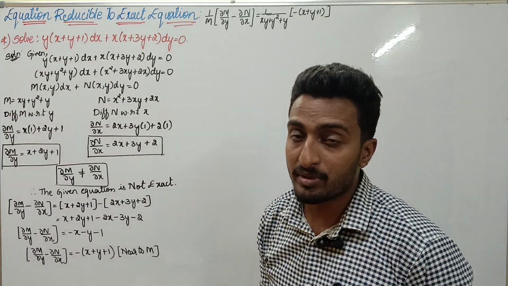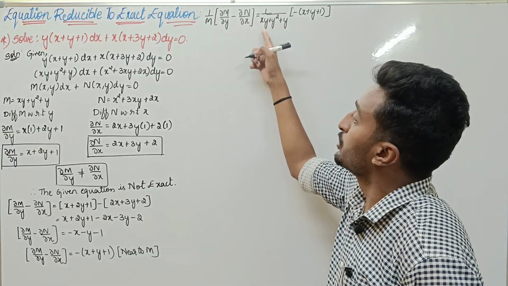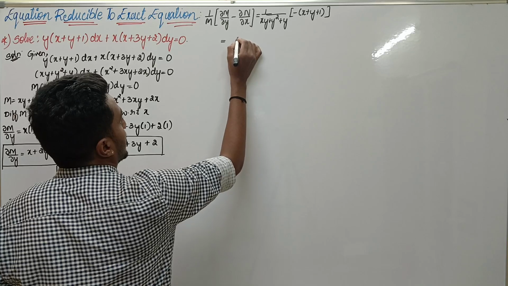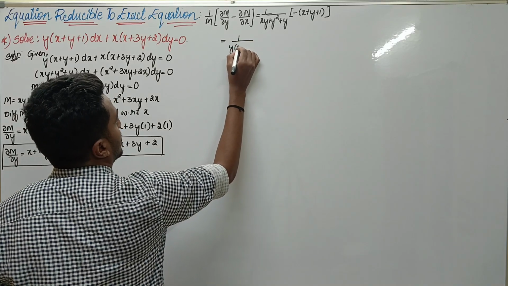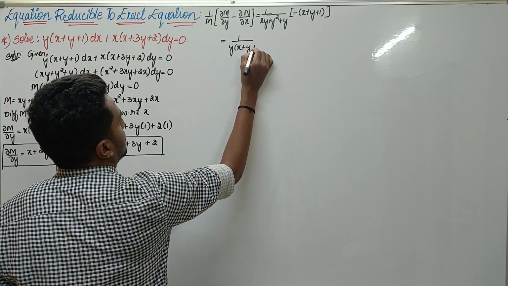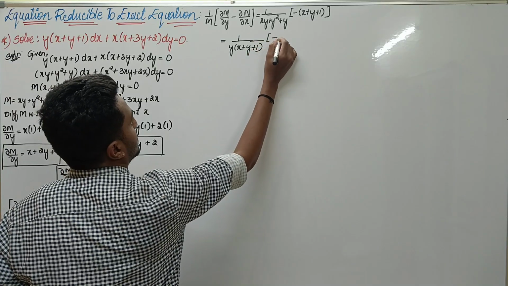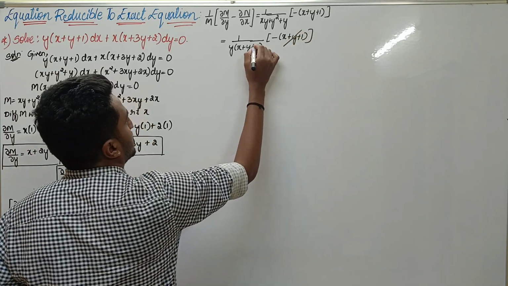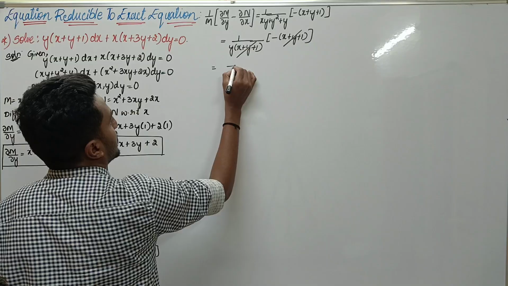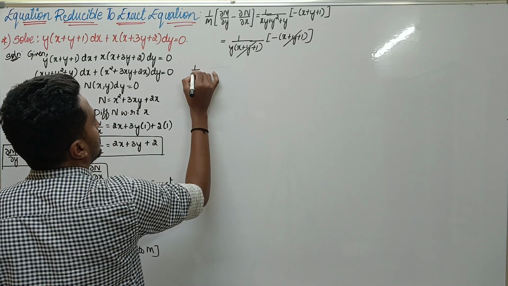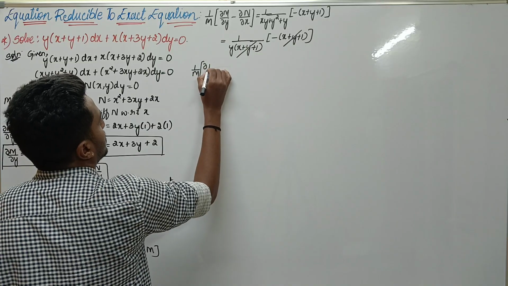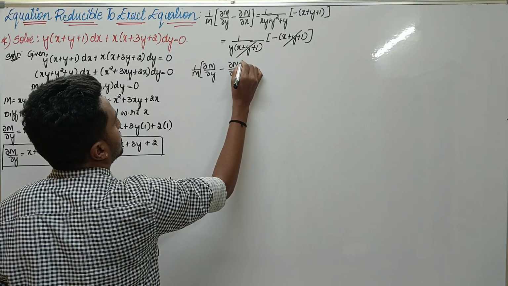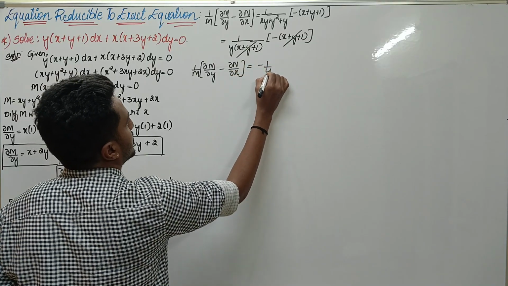In the denominator, y is common. So I take y common: y into (x plus y plus 1), into minus (x plus y plus 1). The x plus y plus 1 terms get cancelled. You get the remaining part: 1 by M into (dou M by dou y minus dou N by dou x) is equal to minus 1 by y.